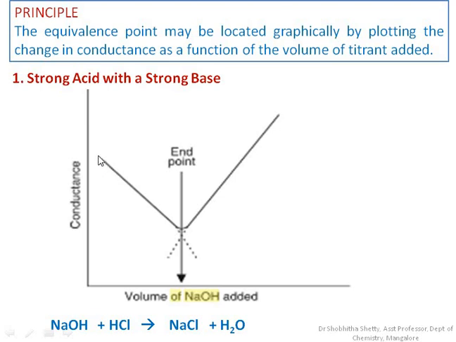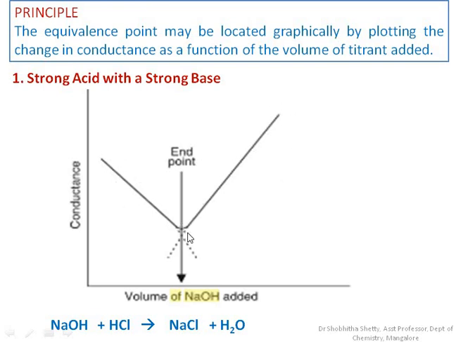We start adding sodium hydroxide from the burette. Once you start adding, H+ ions are replaced by Na+ ions, so the conductance value goes on decreasing. At some point, once all the HCl has reacted, there is no more H+ ion in the beaker. At that point, whatever sodium hydroxide we add remains as it is in the beaker, and whatever conductance we get is with respect to the hydroxyl ion.